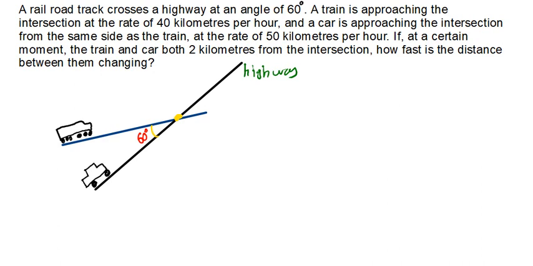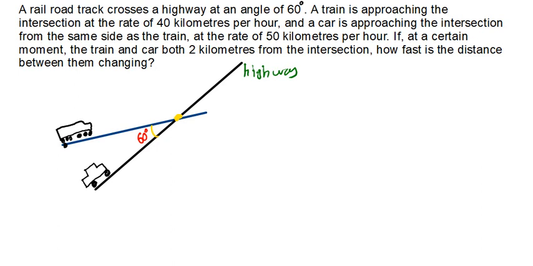One other piece of information that we have been given is that at a certain moment, both the train and the car are 2 kilometers away from the intersection. So let's say this point here.